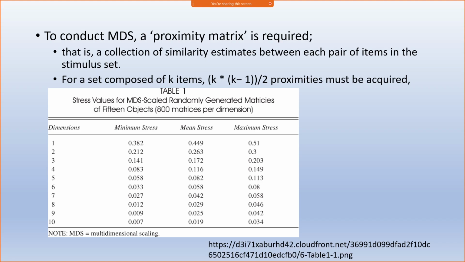A with B, A with C, A with D, and so on and so forth. B with C, B with D, B with E, and so on and so forth. And from there you can look at how many dimensions you can produce.